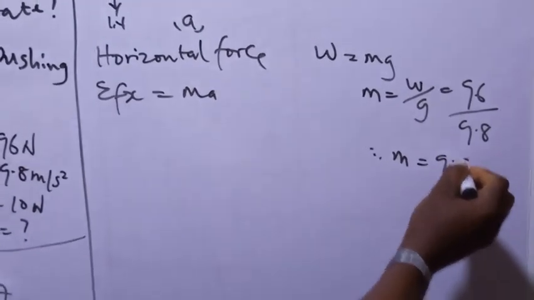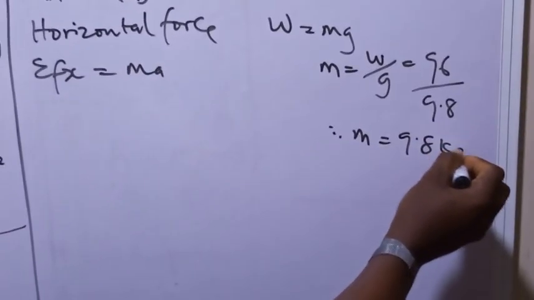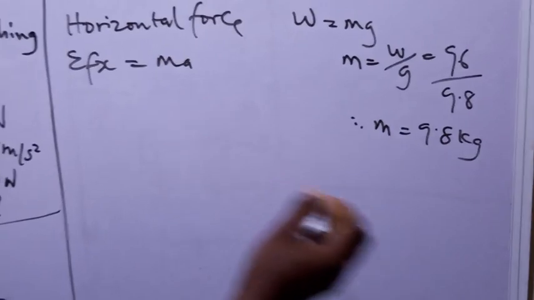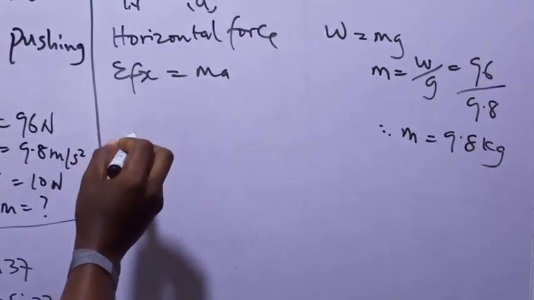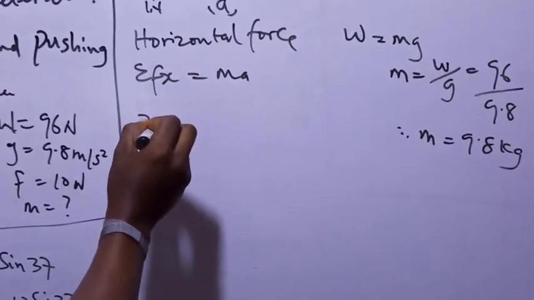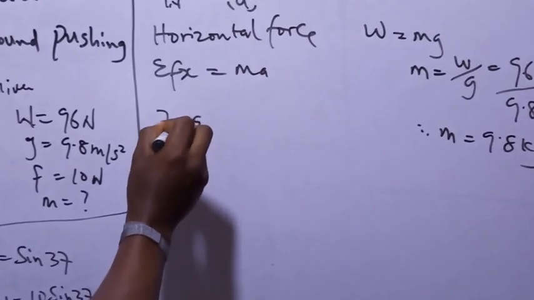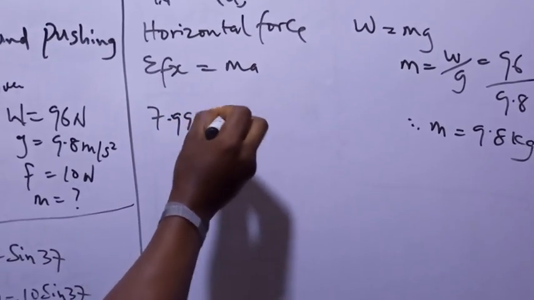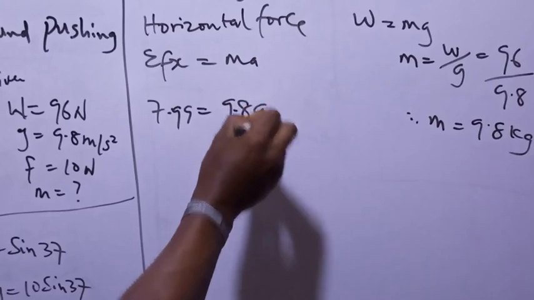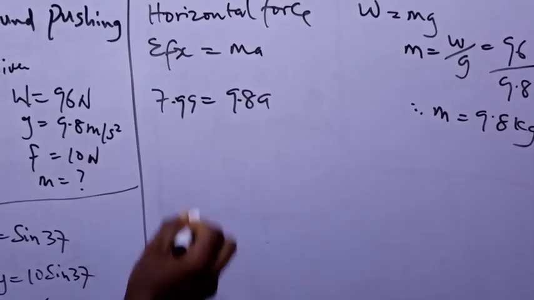9.8 kilogram. Therefore, summation Fx here will be 7.99 equals 9.8 multiplied by acceleration.